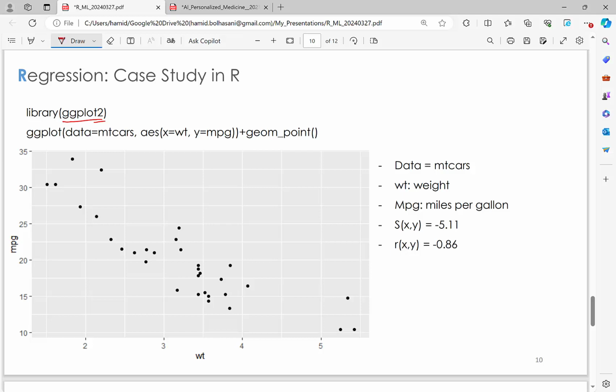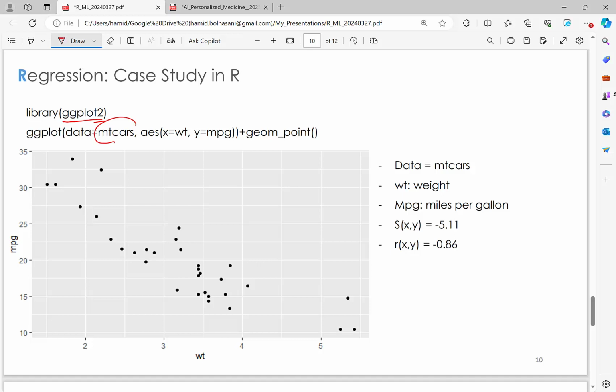If you don't remember, you can have a look at my previous episodes regarding data visualization in R. And here we have mtcars, a built-in data set about some car specifications in R. We have some built-in data sets in R that are used for training and tests.